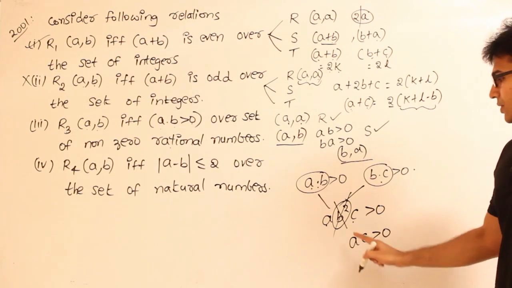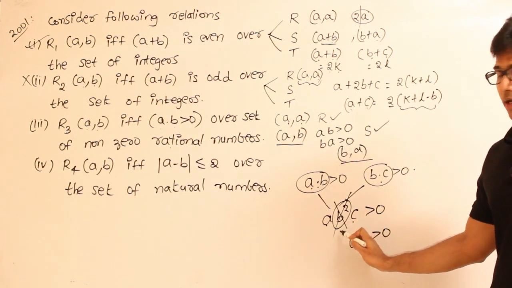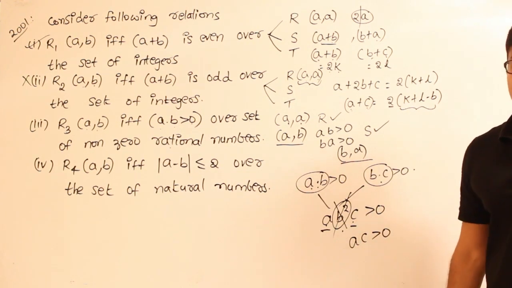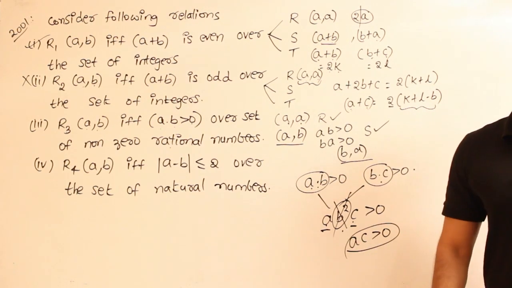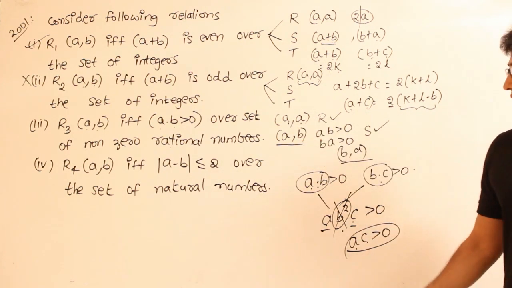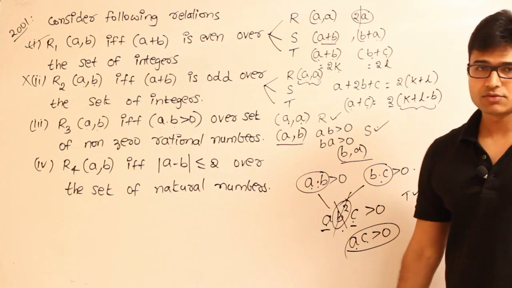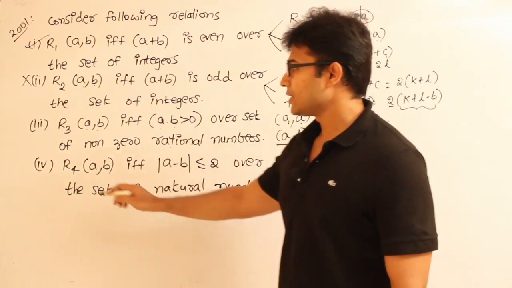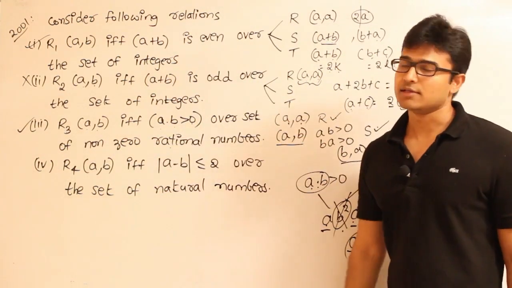And we know that b square is already a positive number, so definitely if this is positive, then the remaining product a into c should also be positive. Therefore, a into c will definitely be positive, and so a comma c will definitely belong to the relation R3, and so it is transitive as well. It is reflexive, symmetric and transitive. So what can we say? It is definitely an equivalence relation. R1 is equivalence and R3 is equivalence.